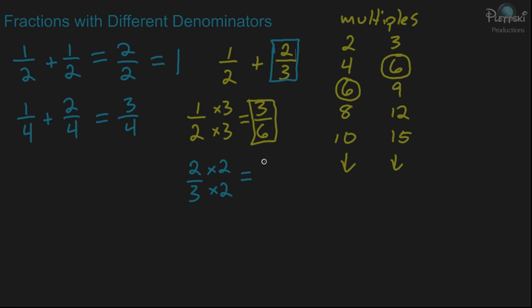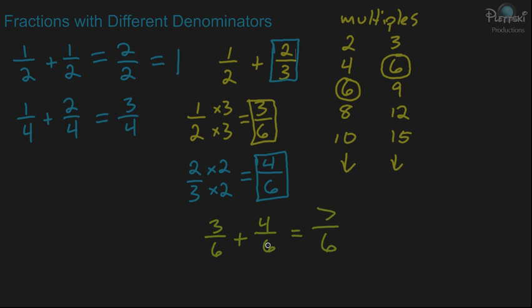So 2 times 2 will give you 4. And then you'll get your 6 on the bottom. 3 times 2 is 6. Okay, now we have two fractions with the same denominator, so we can add those together. So now you can add 3/6 plus 4/6, and you'll get 7/6.